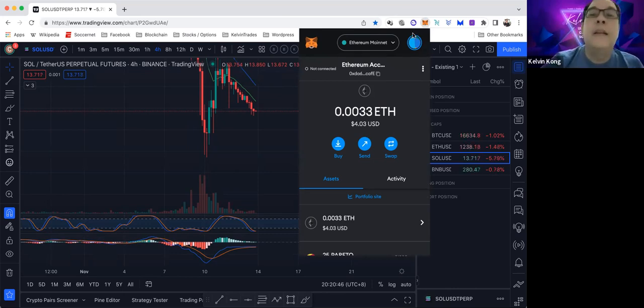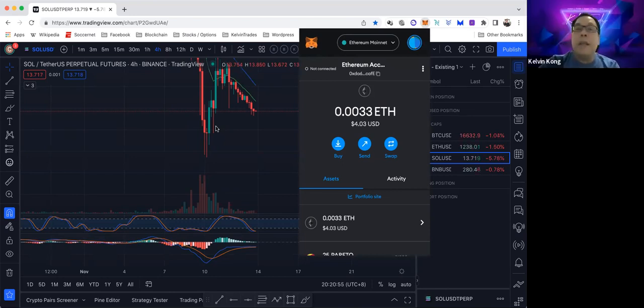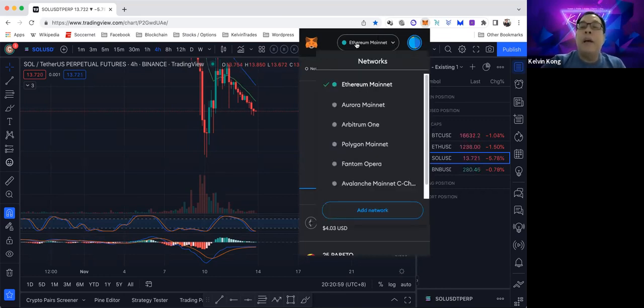Yeah, I can see. Okay, for first timers, when you install MetaMask, you will only have the Ethereum network over here.